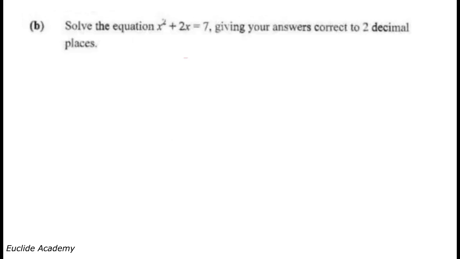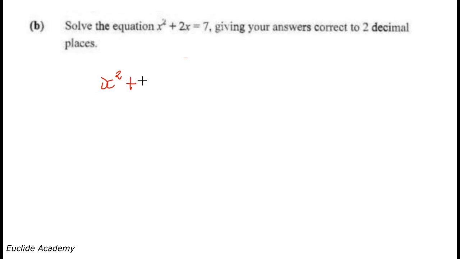This is a quadratic equation, and when solving a quadratic equation, there are three methods we can use. We can use completing the square, the factorization method, or the quadratic formula. This equation is quadratic because the highest power of x is 2.